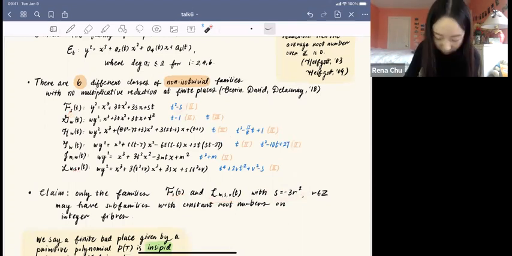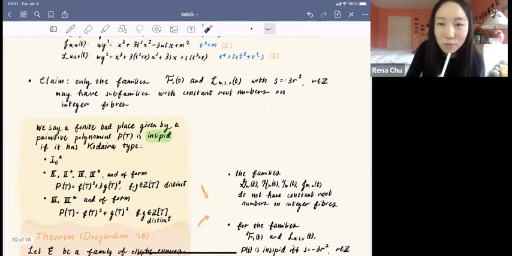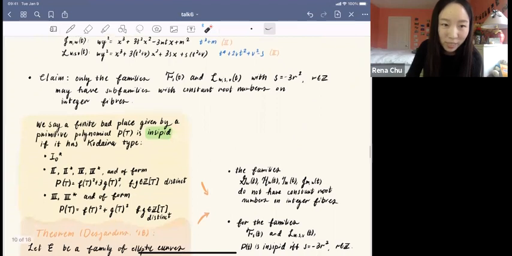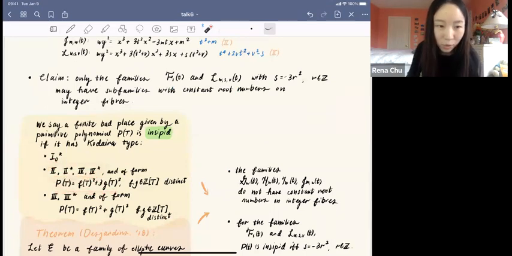Why is that? To see why this claim is true, or at least true assuming some conjectures, first we want to define what it means for a bad place to be what we call insipid. We say that a finite bad place is insipid if the polynomial satisfies one of these 3. So either it has this Kodaira type or one of these Kodaira types, and it is of this form, and so on.